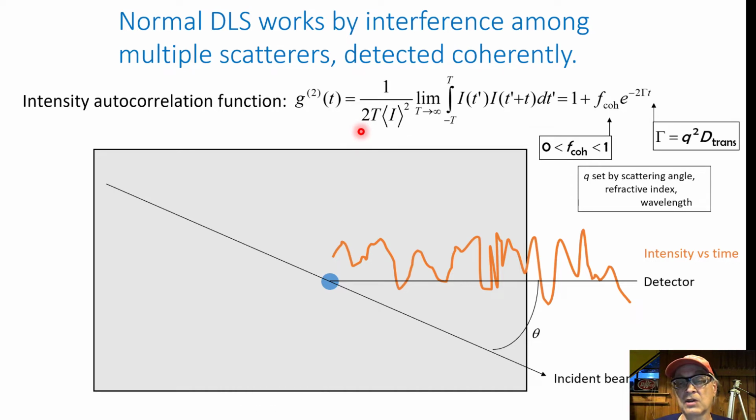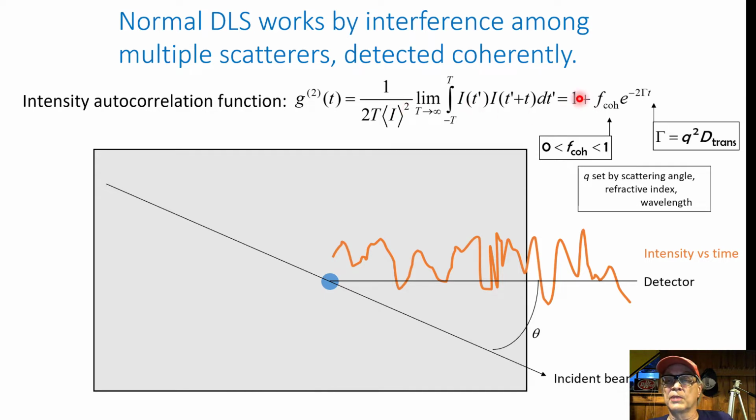And we can use that time to assess how fast the phases are shifting, and that is happening because the molecules are diffusing. So what's going to come out of this is a diffusion coefficient. Okay, so this signal, it turns out, is an exponential decay.